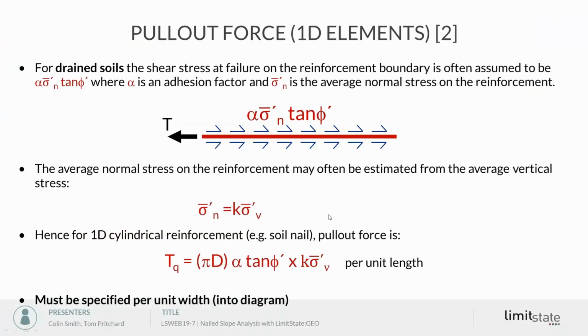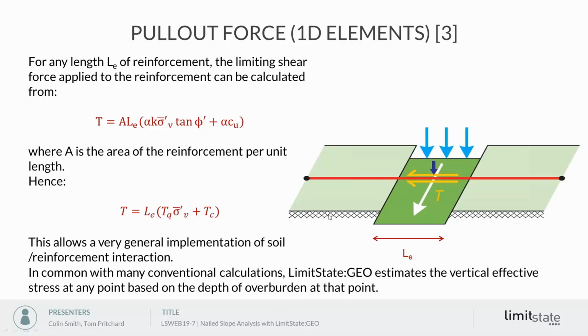I'll jump back to this diagram here. So to summarize, we can see that the pull-out force on any reinforcing element is going to be its circumferential area, its length, alpha times k times sigma b times tan phi for the frictional element, and alpha cu if we have a cu term in there, or alpha c dashed for effective stress for the cohesive element.